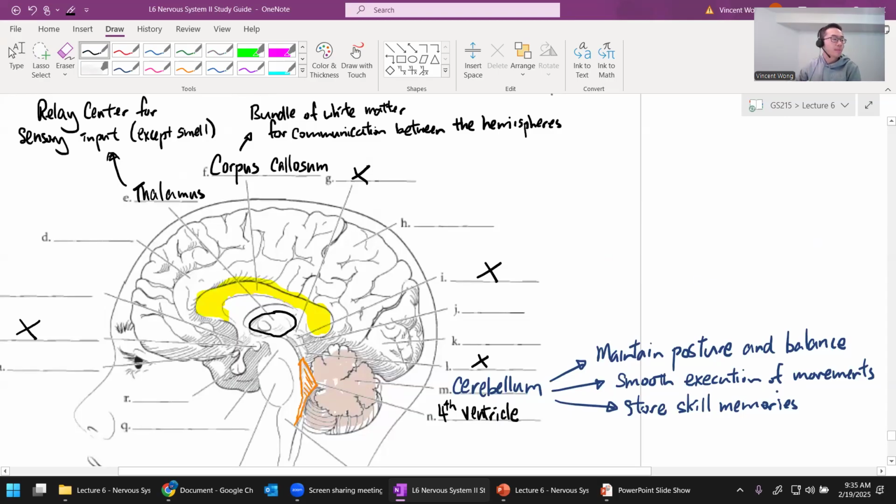In some forms of epilepsy, they might cut part of the corpus callosum to prevent the spread of the seizure from one half of the brain to the other.